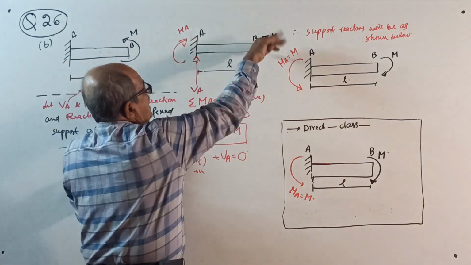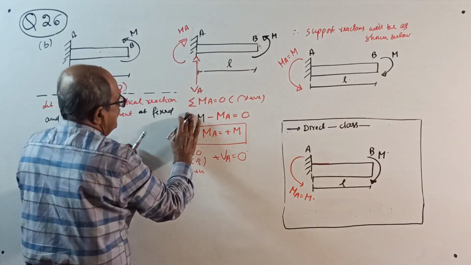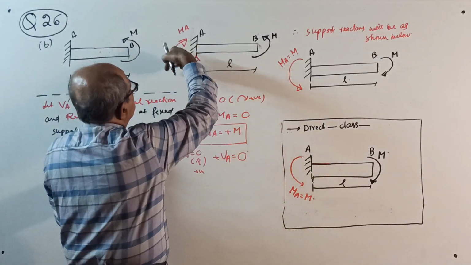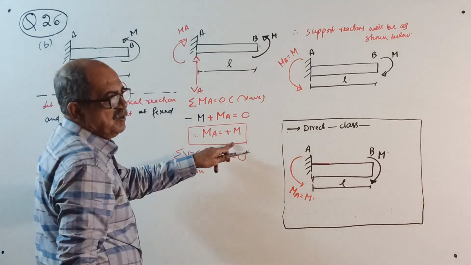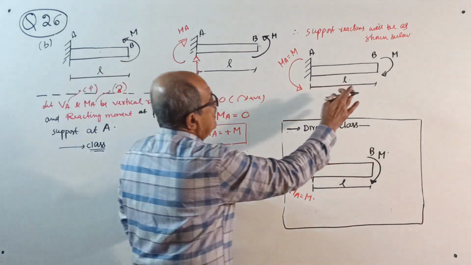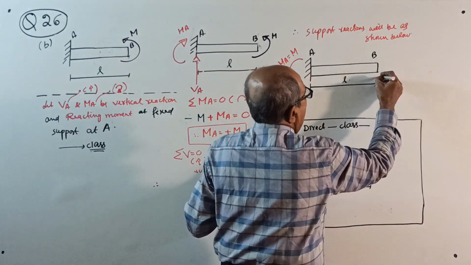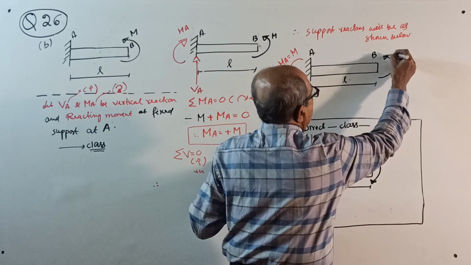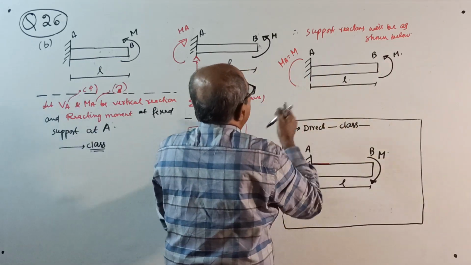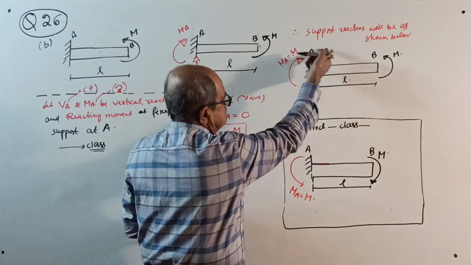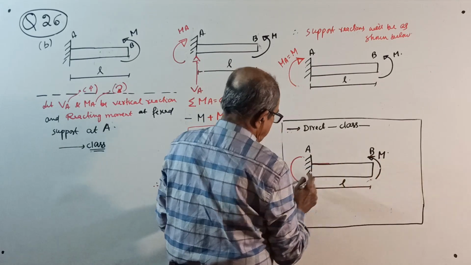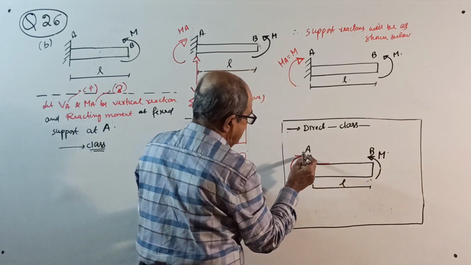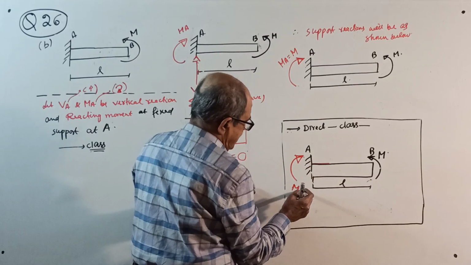So minus M plus MA equal to 0, MA equal to M. Therefore, if you apply an anti-clockwise couple M here, the reacting moment will be clockwise M. Direct answer: apply anti-clockwise, balancing will be directly clockwise, MA equal to M.